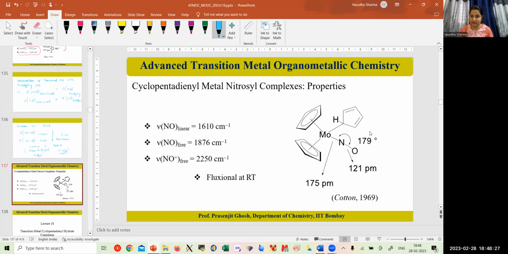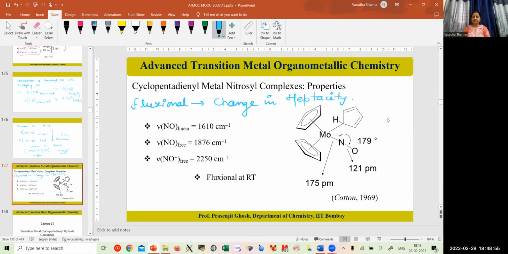Moving towards the next example, where we have the Cp rings and NO. This is called fluxional. Why are we calling it fluxional? Because fluxional means it can change its hapticity, or the number of electrons it is giving to the metal complex.